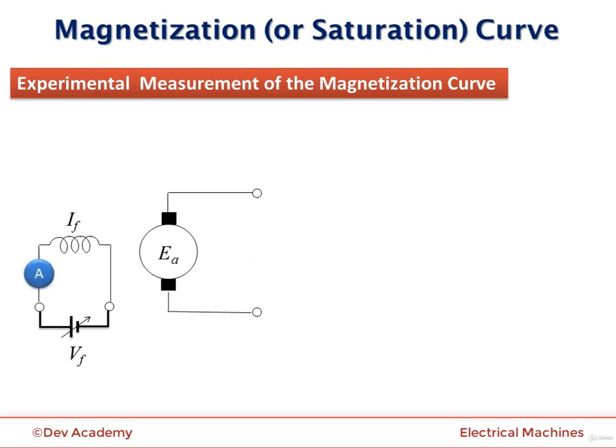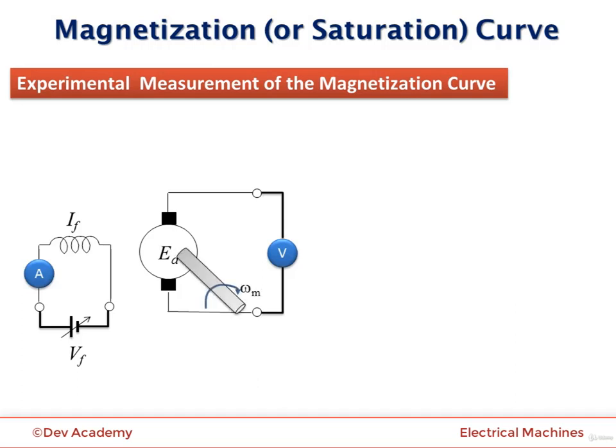We place an ammeter inside the field circuit in order to measure the field current, and we connect a voltmeter on the terminal of the open armature circuit. Since the armature circuit does not carry any current, the terminal voltage measured with the voltmeter is equal to the back EMF.